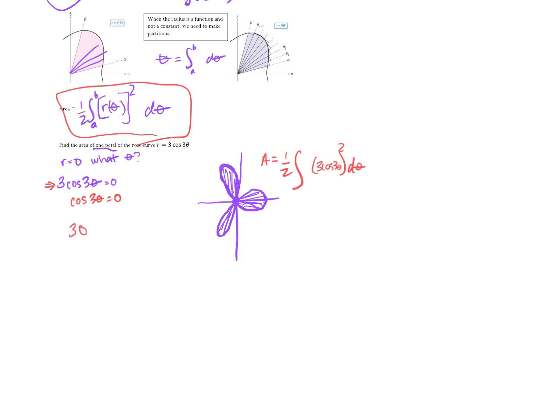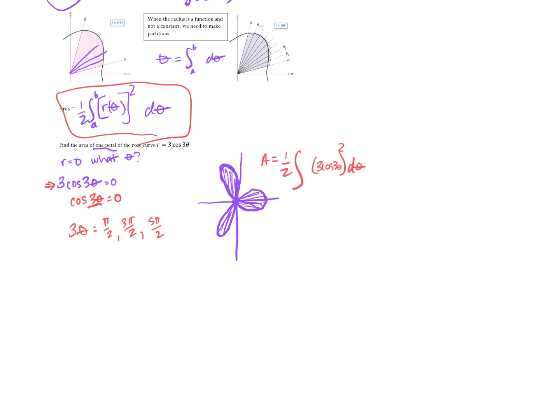And so what we have to decide is, well, what are the values of cosine that make the function equal to 0? We would get pi over 2, and then 3 pi over 2, and then 5 pi over 2, and you get the basic idea here. That's what the angle needs to be.